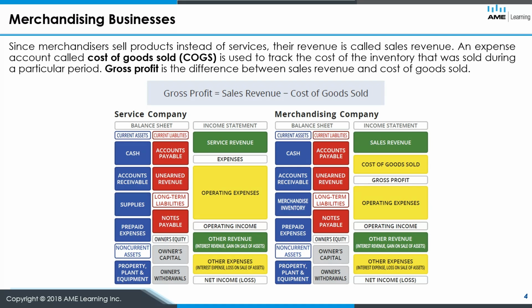So say it could be a gas station, for example, and they're selling something for $10, some product, maybe they had to pay $5 to buy that product in the first place. So $5 would be the cost of goods sold. The sales revenue would be $10, like I mentioned, if it's a $10 item to sell to the customer.